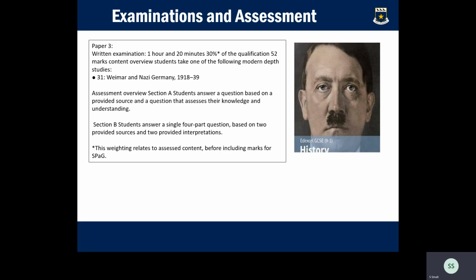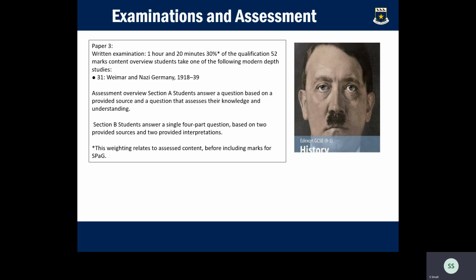Paper 3 is the Weimar and Nazi Germany paper, and this is 1 hour and 20 minutes, and it's 30% of your grade also. In this topic, you have to look at the different historical interpretations along with source analysis and cause and causation.